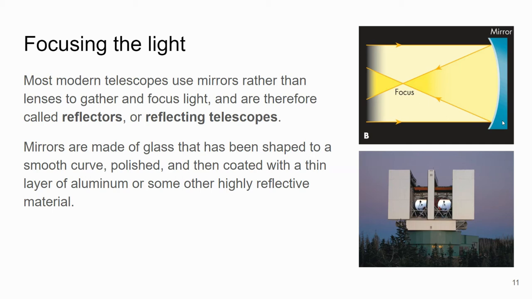The mirror in a telescope is going to be flipped over from that. So you're actually going to have the glass part on the back, and the part that does all the work, the reflecting part, is going to be the aluminum coating on basically the front side of this. That is optically much better, but it also makes the thing very, very delicate. You can't touch this kind of mirror, because if you do that, you're just going to take the aluminum coating right off.